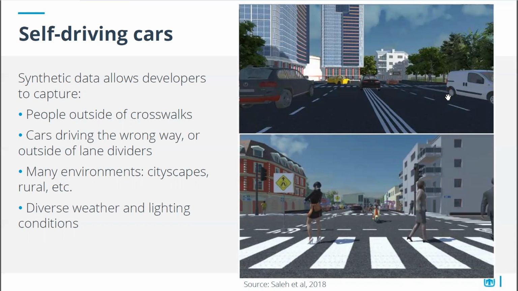A lot of us have seen this example of a stop sign with a sticker on it, and then all of a sudden the model can't recognize it as a stop sign anymore. That's really scary if you're thinking about getting in that car. If you're not in that car, other things that you want that model to be able to recognize are pedestrians who are crossing outside of crosswalks, cars that are going the wrong way in their traffic, different weather patterns, different lighting, different environments.